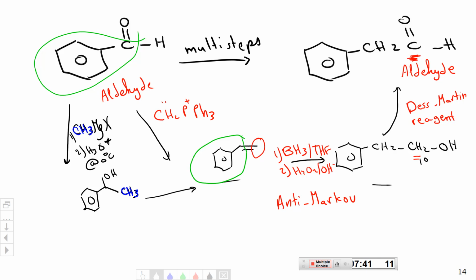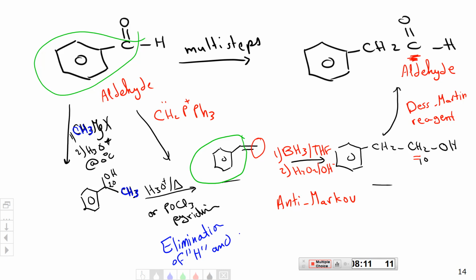Is this achievable? To eliminate the OH and H and end up with an alkene. And yes, we have a secondary alcohol, so we're going to end up with an alkene. We can do it either by H3O plus and heat, or POCl3 and pyridine, which is elimination of an H and an OH.